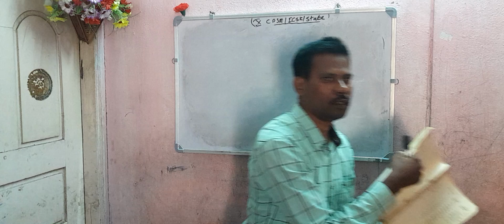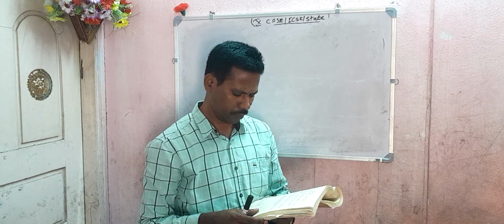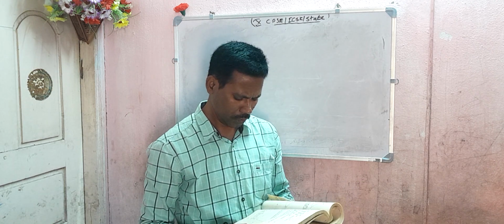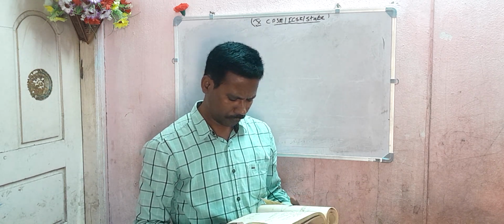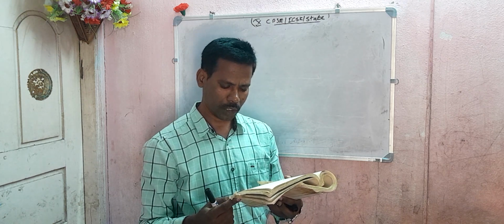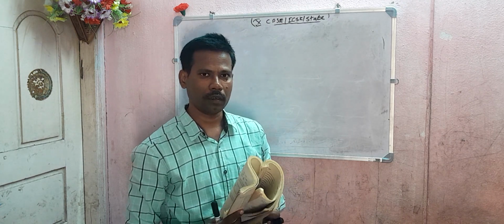Prove that the ratio of the areas of two similar triangles is equal to the ratio of the squares of any two corresponding sides of a triangle.